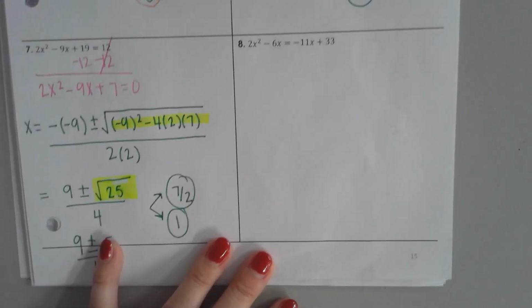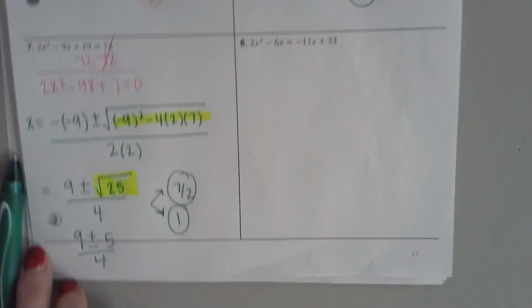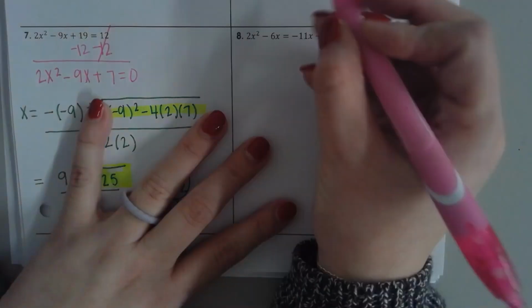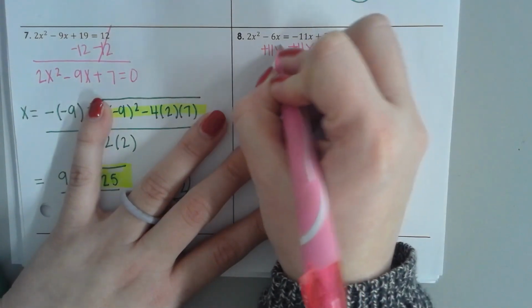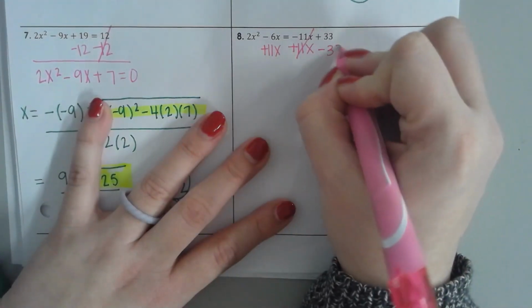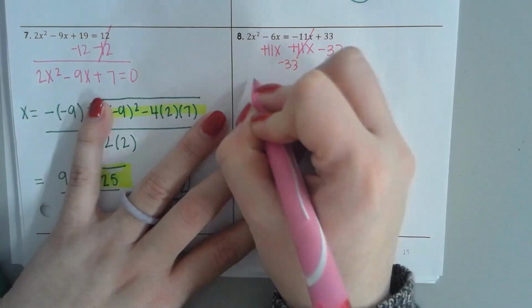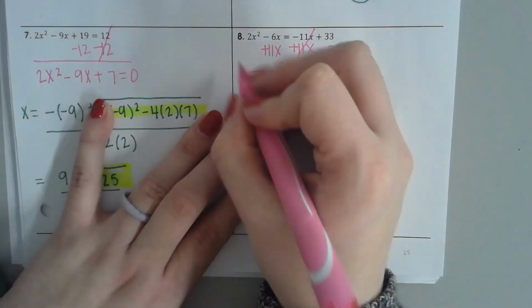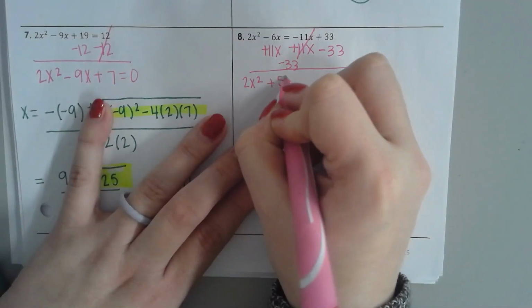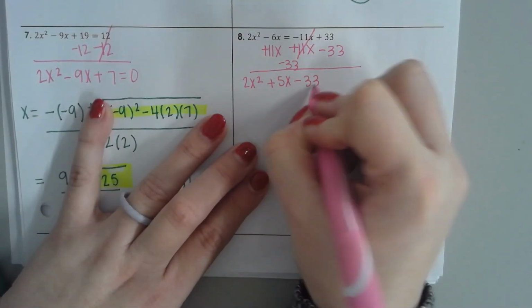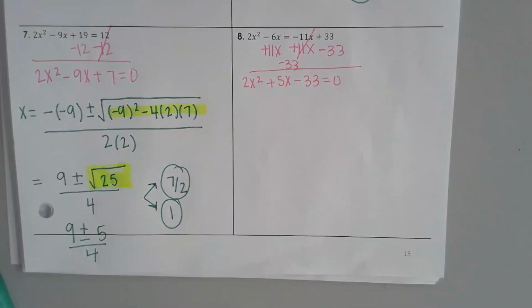Number 8, we need to add 11x to both sides and subtract 33 from both sides, to get it set equal to 0.